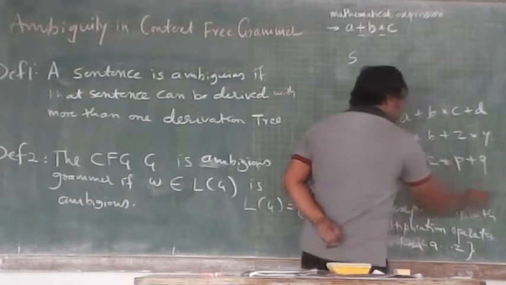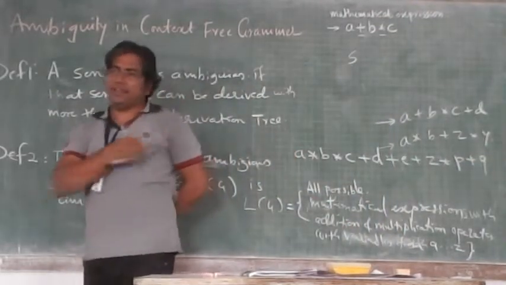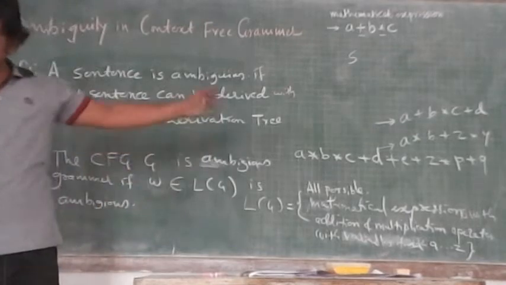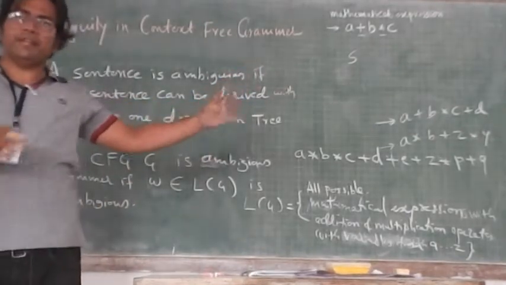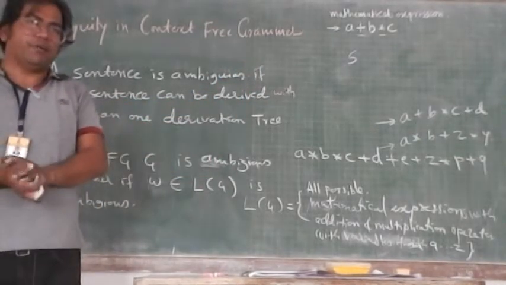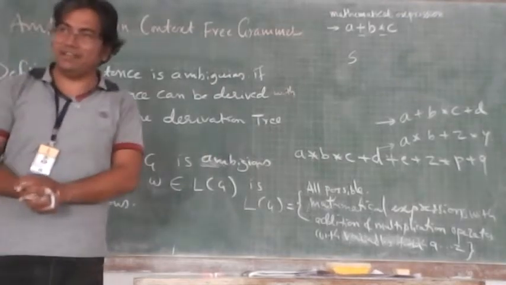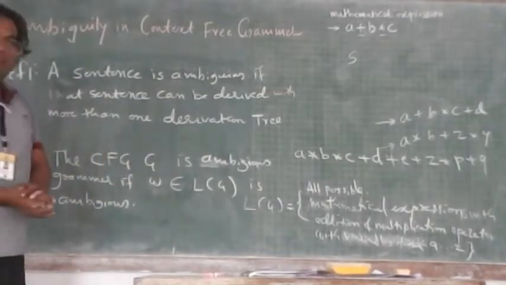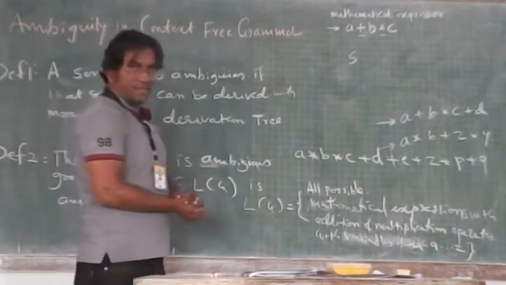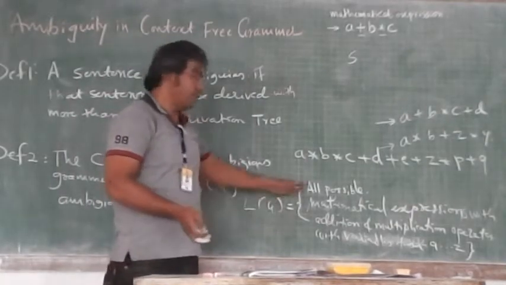plus Q. This may be again a limited expression, okay? You are not having any parenthesis, and operator precedence is not considered here. But for the purpose of design of context-free grammar, we have considered this limited.